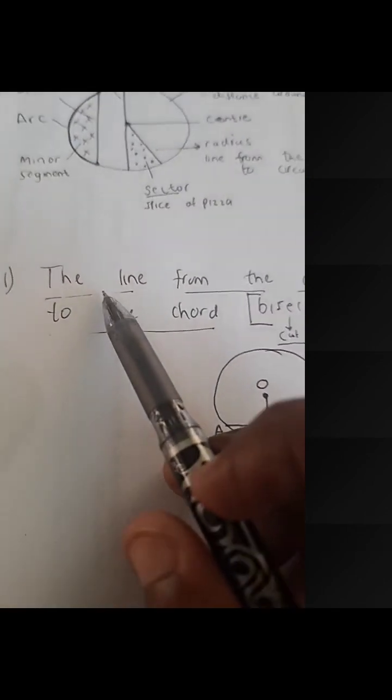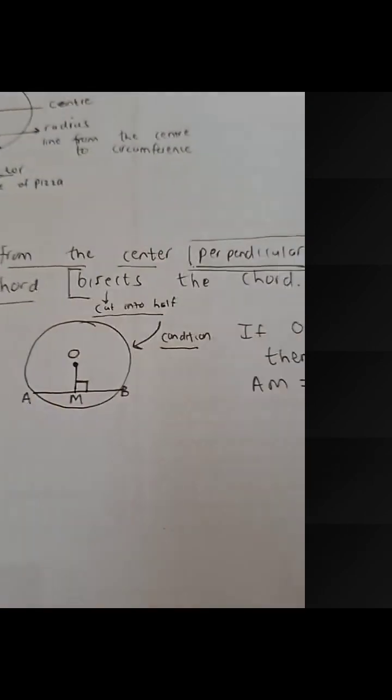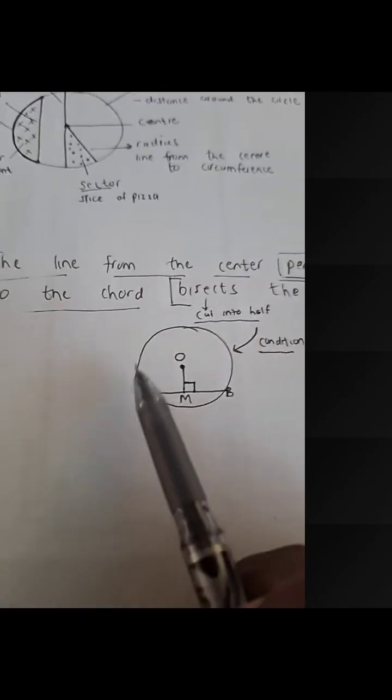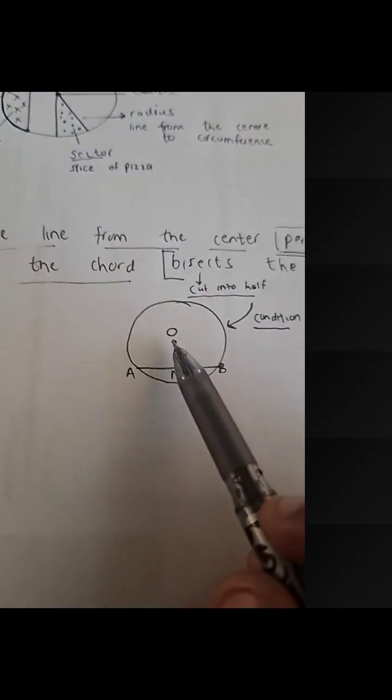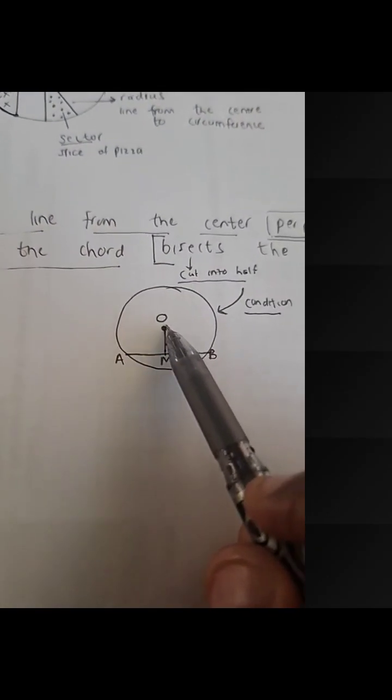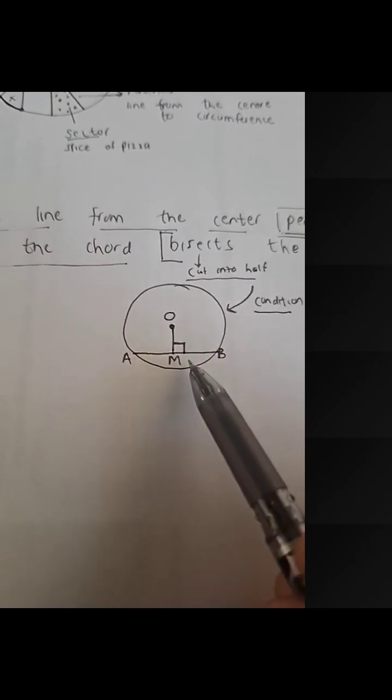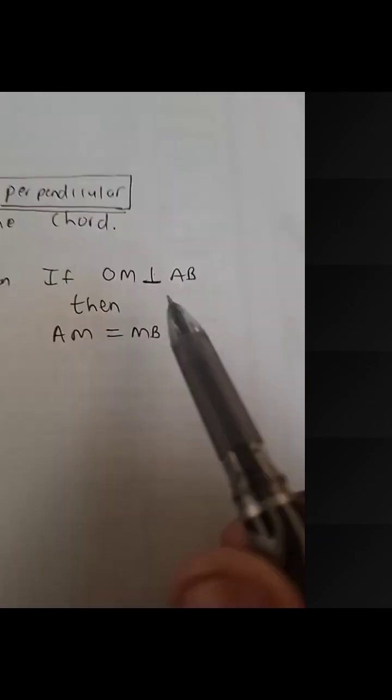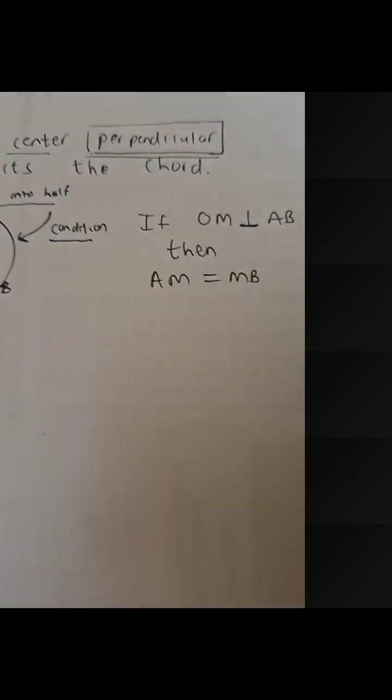This is a theorem, and it is true in all situations where we have a circle with a line from the center that is perpendicular to the chord. It then means we can always say AM is equal to MB, or whatever the other alternative diagram actually is.